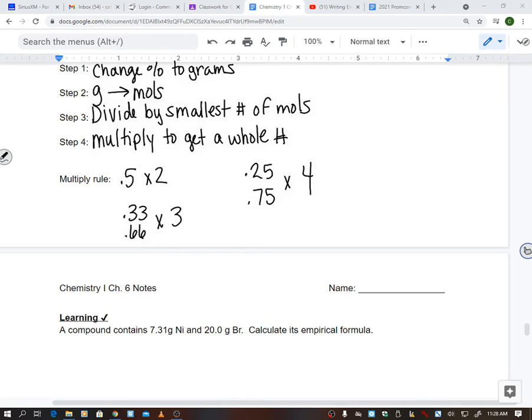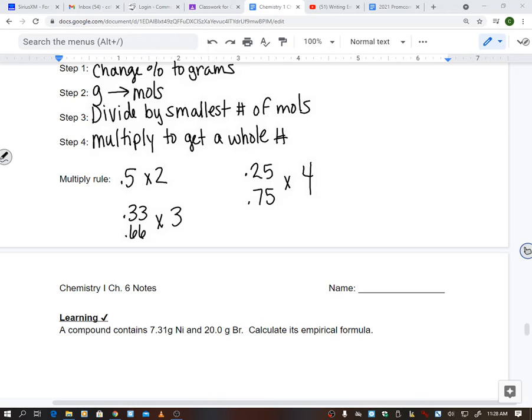So if I do steps 1, 2, and 3, and I get 3.25, I'm going to have to multiply not just that one, but all of them by 4, and we'll see one here in a little bit. I have some other numbers down here too, like if you have a 0.2, you're going to multiply by 5. A 0.67, you'll multiply by 3, which is close to 0.66. So anyways, we cannot have 0.66 of an atom. It doesn't happen.